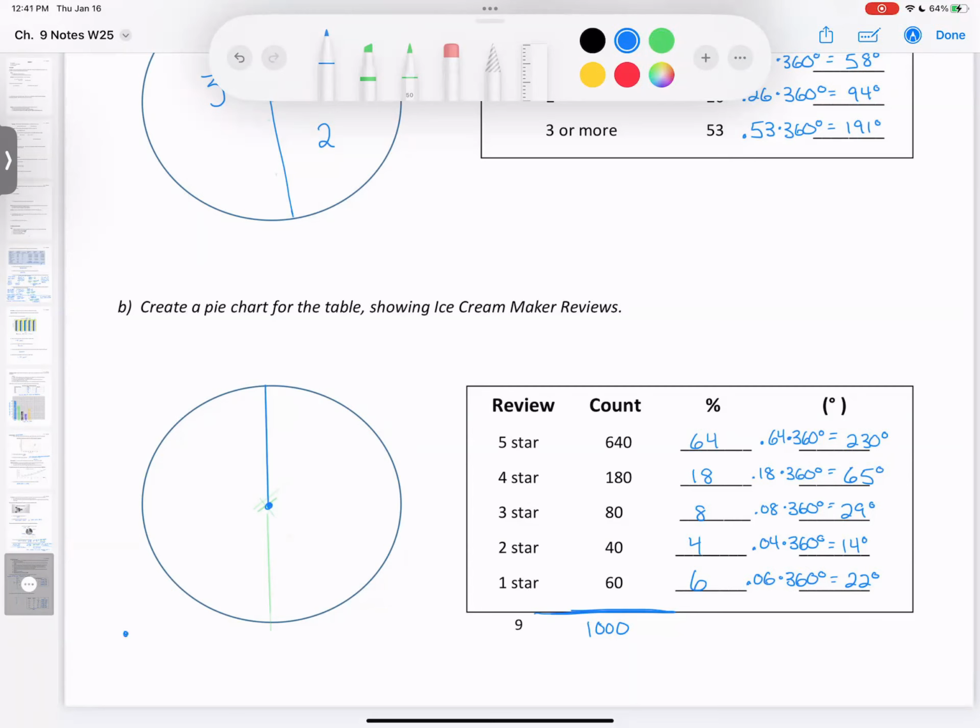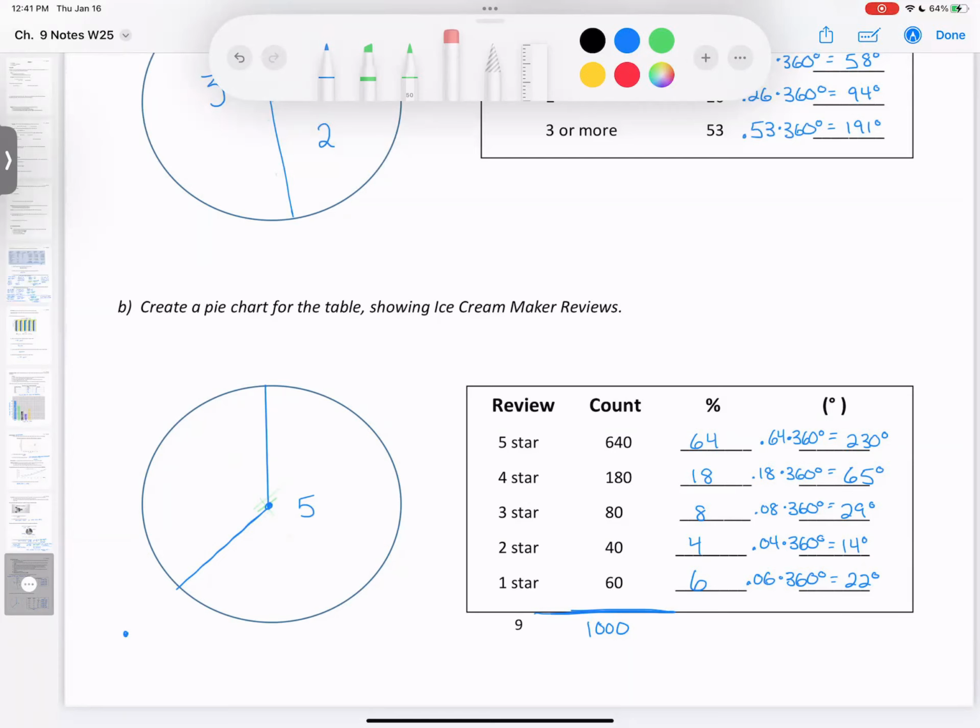Okay, so our first category then is quite big in this case. This is a good ice cream maker because most of the reviews are 5-star. Okay, and it looks a little wiggly on the screen, but please use a ruler and your line should be completely straight. And so this is 5-star reviews. I'm just going to erase my pencil mark there.